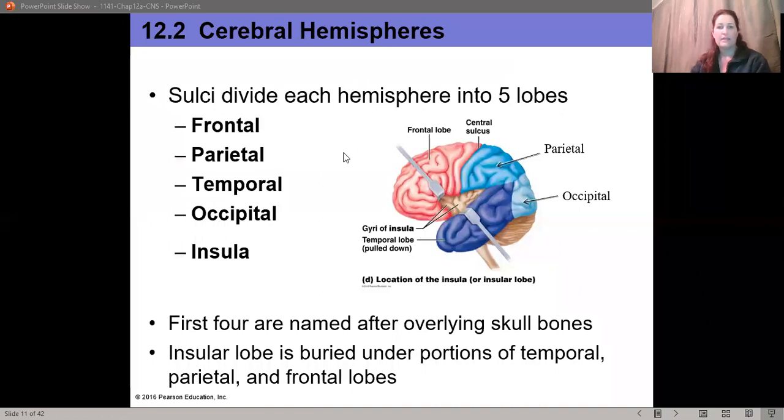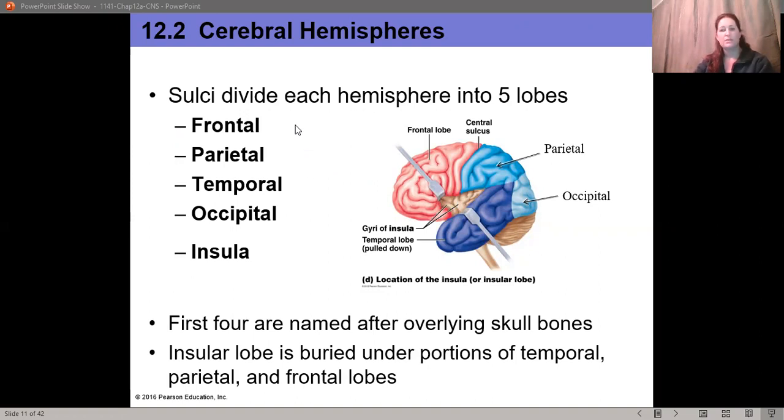Each hemisphere is divided into 5 lobes, and it really depends on the textbook that you have. Some textbooks will say that there are 4 lobes, and some textbooks will say that there are 5. And the reason why is this 5th lobe, the insular lobe, is located very deep, and it contains the deepest portions of the frontal, parietal, and temporal lobes.